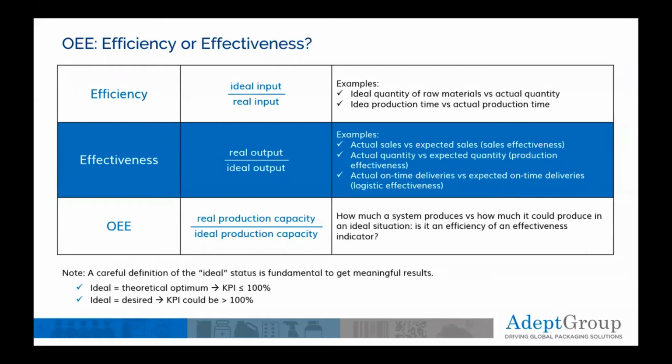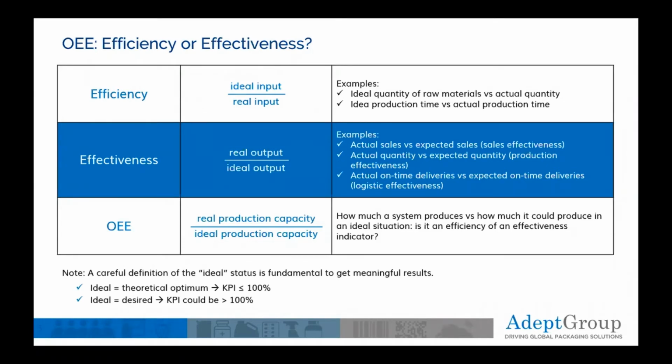The point here is: is OEE an efficiency indicator or an effectiveness indicator? There are different ways of thinking about this topic. People think different things. In my idea, it is more an effectiveness indicator.